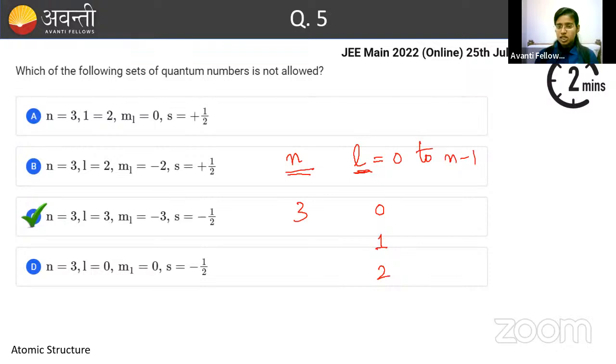Are you getting it? So if it is only equal to N minus 1, then the value should only be 2, 3 minus 1. Got it? 0 and 1 you are not including. So it should be 0 to N minus 1. Very good. So N cannot be equal to L, and that is the correct explanation. So L is equal to 3 with N is equal to 3 cannot be possible, and that is not allowed. Very good.